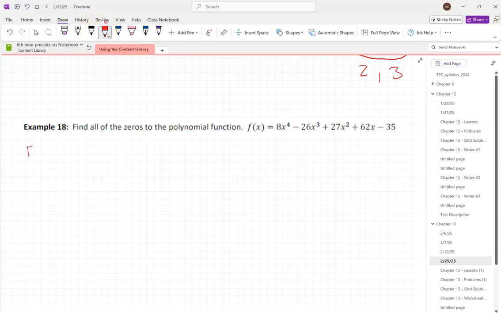So again, I always start with the fundamental theorem of algebra, which tells me that I have 4 solutions here. Then collect my possible rational zeros. So there's the factors of 35 divided by the factors of 8.